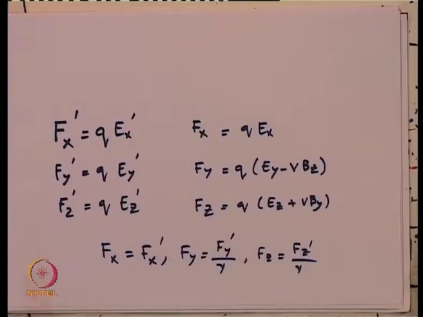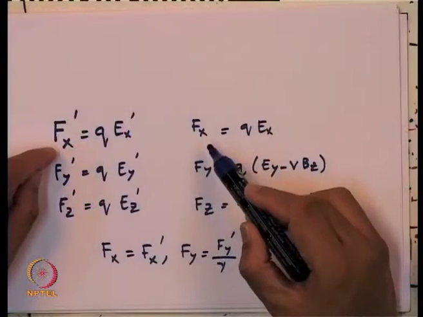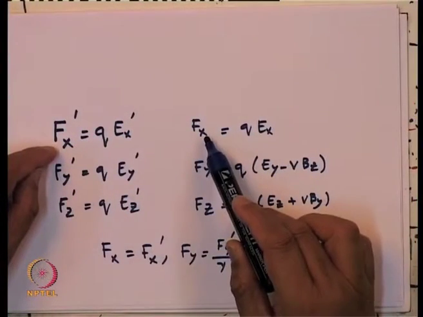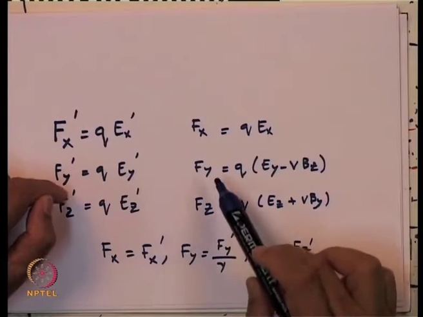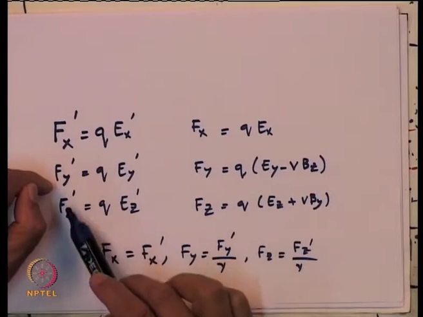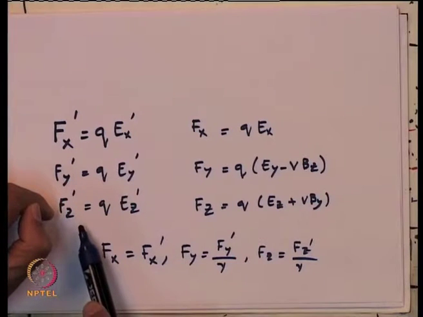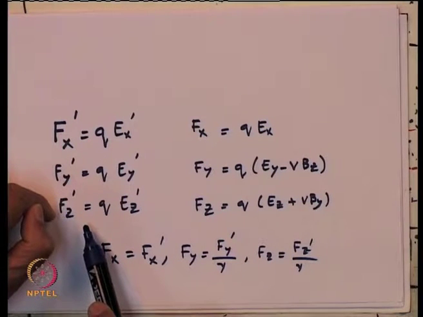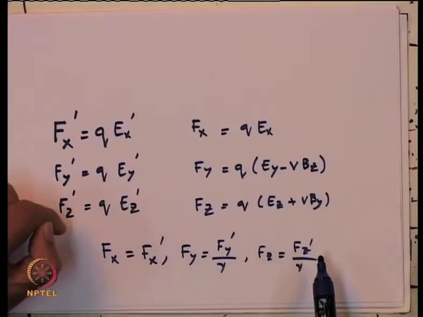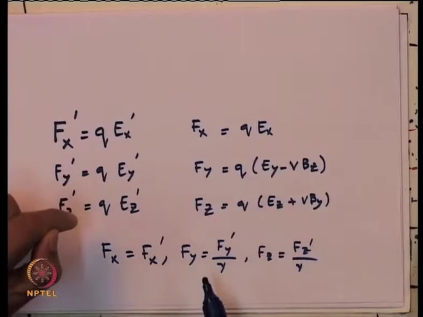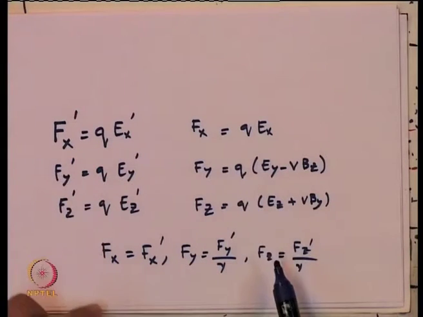I do not know as yet the relationship between Ex and Ex prime and Ey and Ey prime and the other components of the fields, but I can always use that Fx must be equal to Fx prime, Fy must be equal to Fy prime by gamma, Fz must be equal to Fz prime by gamma, because they have to obey these force transformation equations. So, if I use this, I can quickly find the relationships between the electric fields and the magnetic fields, as we will see in the next transparency.